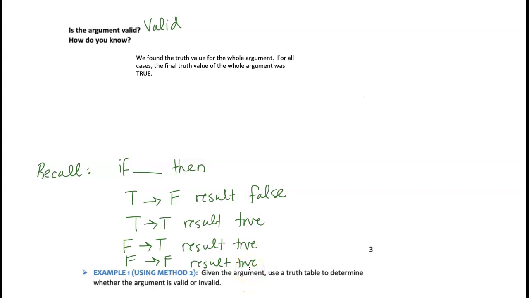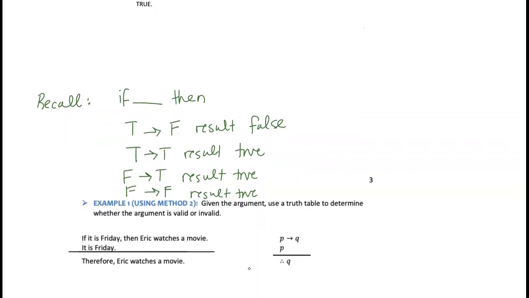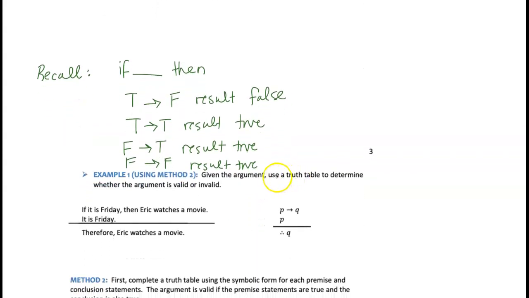That's the basis of method 2. So to work with method 2, we're wanting to show that if you start with a true antecedent, which is our premise statements, then the conclusion, the consequent, is also true. Because the one that ends in a false result is a true antecedent with a false conclusion.